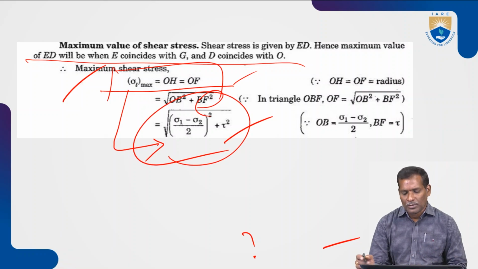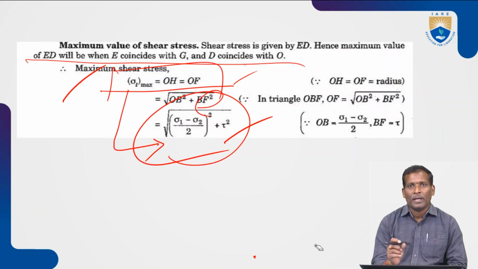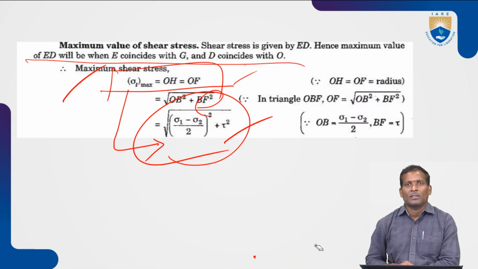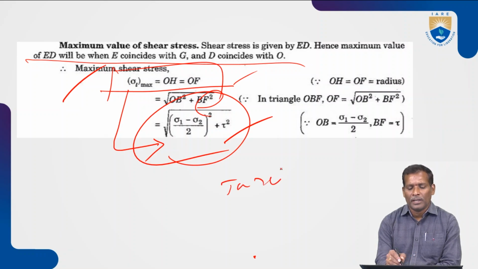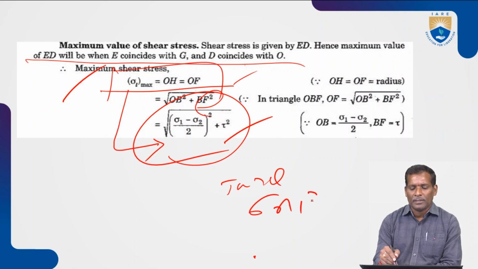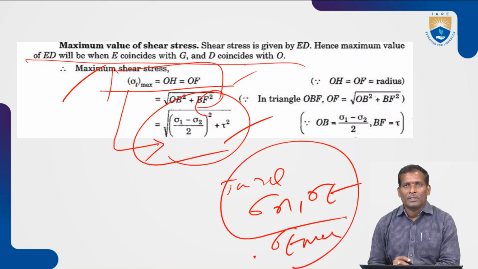So in this session we have learned how to construct the Mohr circle and the proof for the normal stress and shear stress, and also the orientation plane, the angle tan 2 theta, and the sigma 1 and sigma 2 calculation. That is sigma n and sigma t, and sigma t maximum also we have discussed.